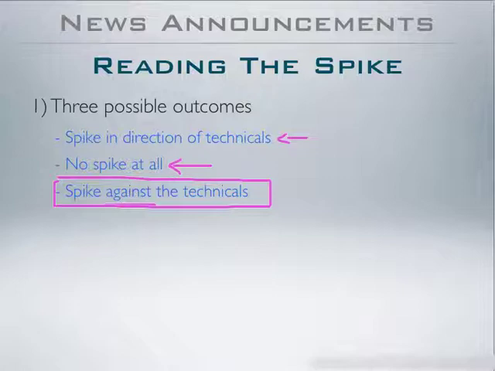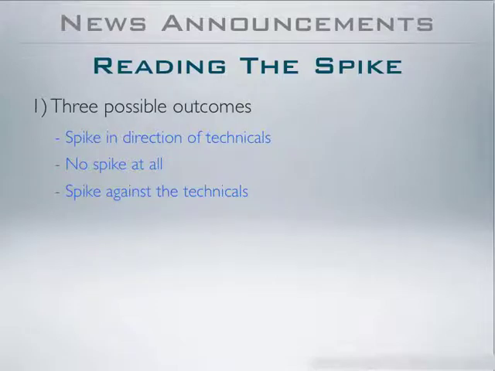We can indeed get some more information out of the spike, even if it takes off against the technicals. That's what we are going to be focusing on today, and I think it's going to be rather interesting, so let's get going.